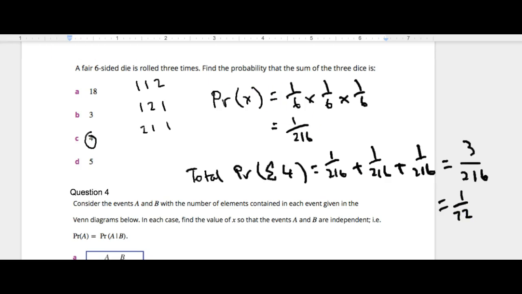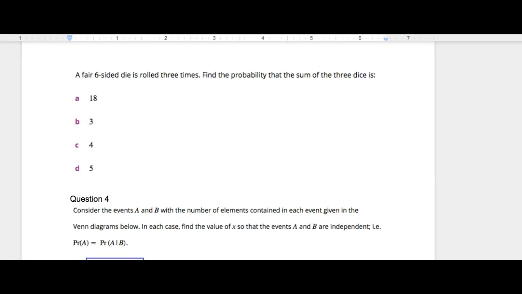Then for the last one, to get the sum of 5, just write down all your possibilities. So I can have 1, 1, 3, and I can just alternate them. And then I can have 1, 2, 2, and 2, 1, 2.